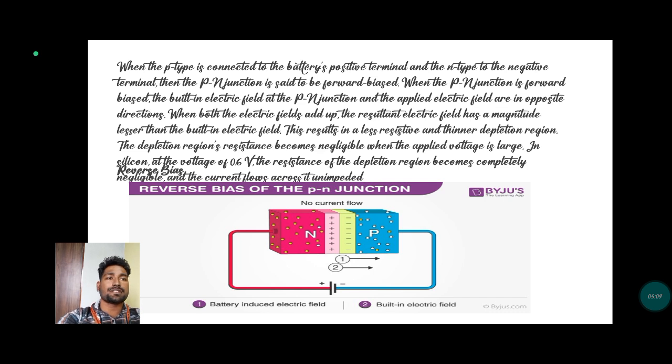When the p-n junction is forward biased, the built-in electric field in the p-n junction and the applied electric field are in opposite directions.